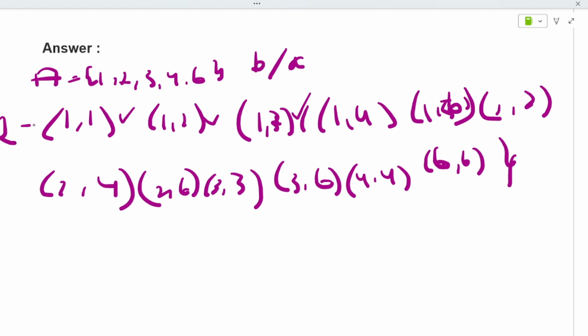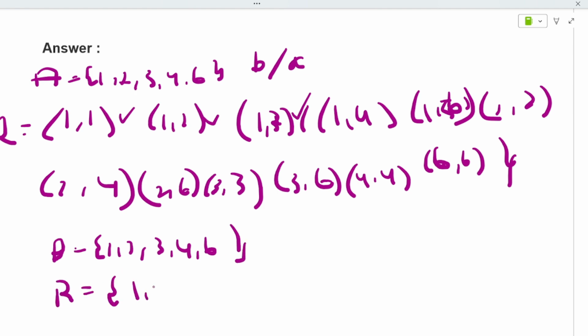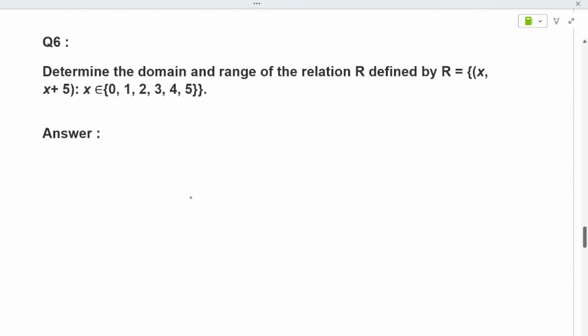The first elements of the pairs, that is 1, 2, 3, 4, 6, are the domain. Domain is {1, 2, 3, 4, 6}, and range is {1, 2, 3, 4, 6} again, because 2 is here, 3 is here, 4 is here, and 6 is here. The domain and range are both the same for this particular question.